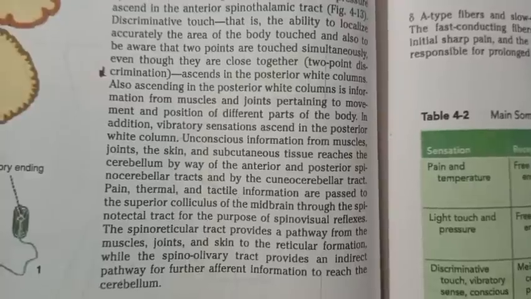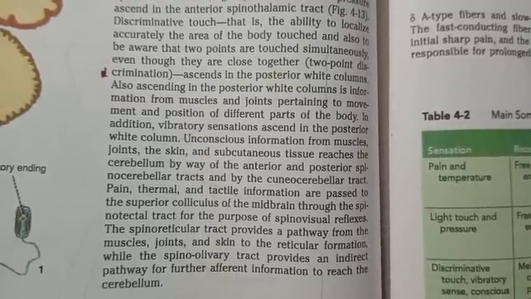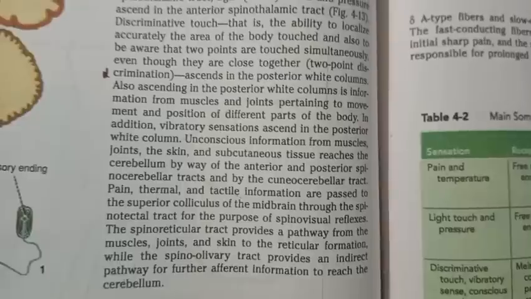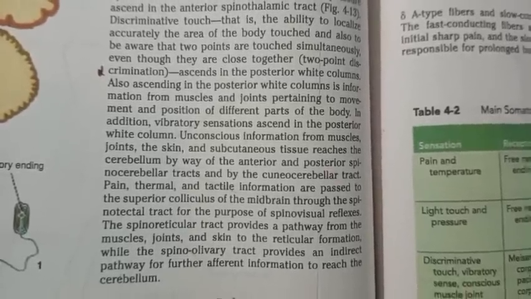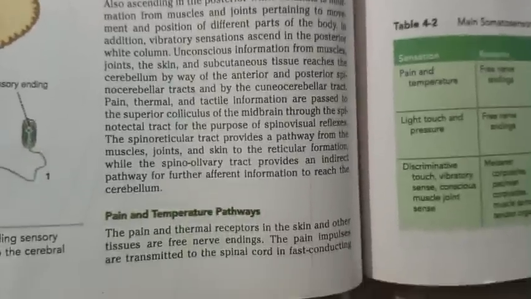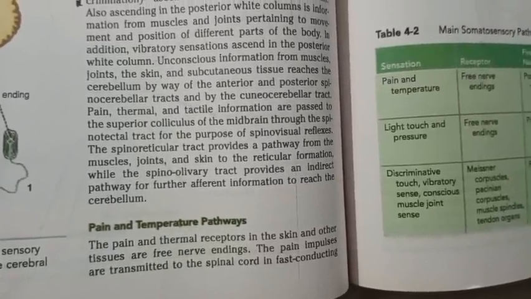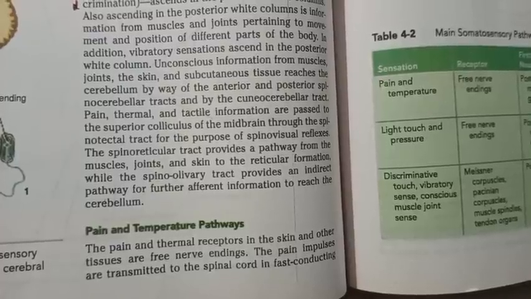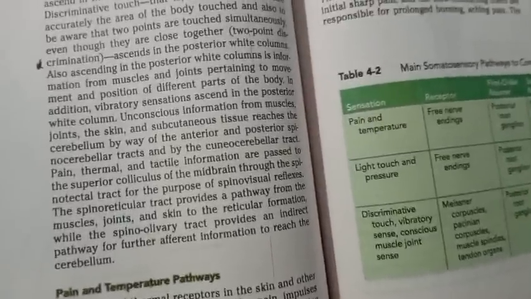Here is the spinoreticular tract, which provides a pathway from muscle, joint and skin to the reticular formation, while the spino-olivary tract provides an indirect pathway for further afferent information to reach the cerebellum. The pain and thermal receptors in the skin and other tissues also travel here.